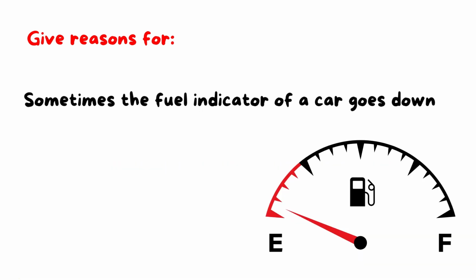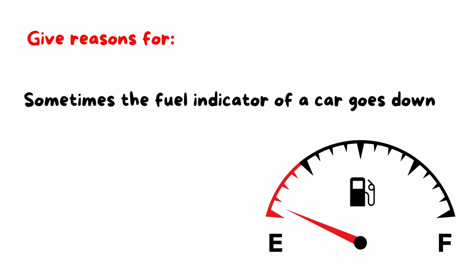Now we have another question. Give reasons for sometimes the fuel indicator of a car goes down. What is the meaning of goes down? As to show that the fuel runs out. The car is empty of fuel. So this is the fuel indicator as you see here, and the expression goes down as you see here.